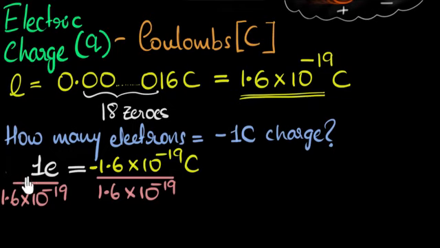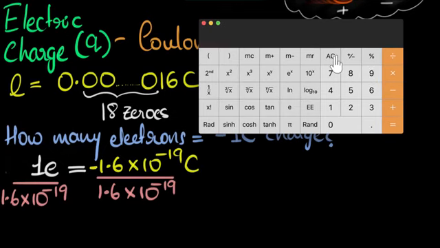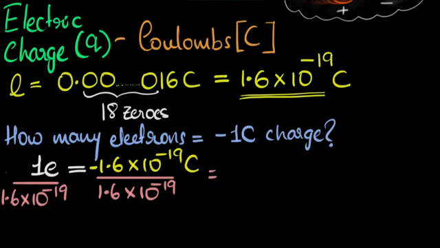So on the left-hand side, we have 1 divided by 1.6. Let's bring in my calculator and see what that gives me. So it'll be 1 divided by 1.6. That will be 0.625. So that will be, on the left-hand side, 0.625, that's 1 divided by 1.6. And this will become 10 to the power plus 19. Plus 19.